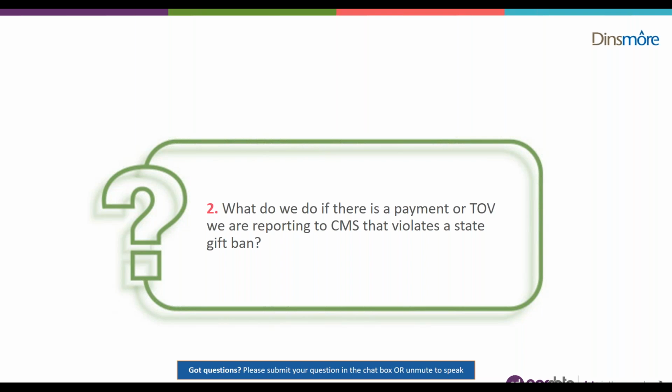And then the third thing you want to do is fix the problem, right? We want to make sure that we don't have this occur on a regular basis every time we're doing reporting. So think through where the compliance gap was. What can we fix? Do we need a system change? Do we need to clarify a policy or procedure? Do we need to do additional training?